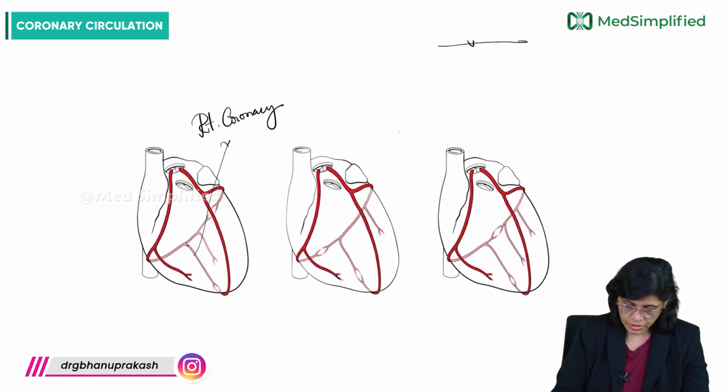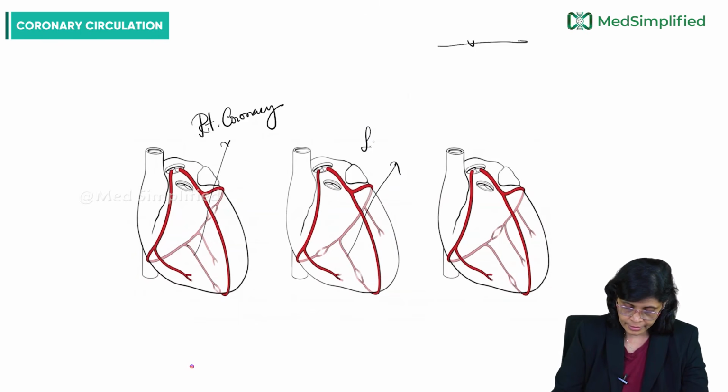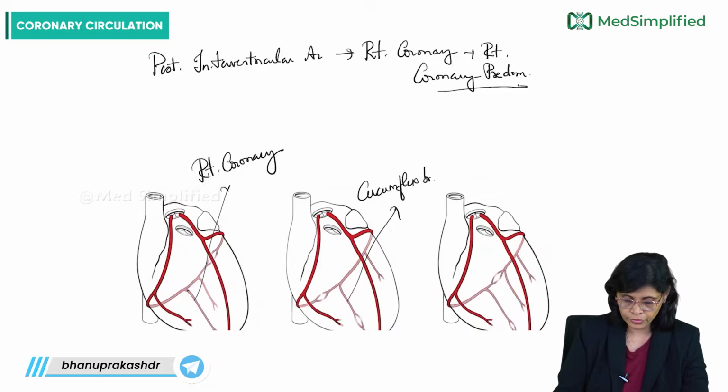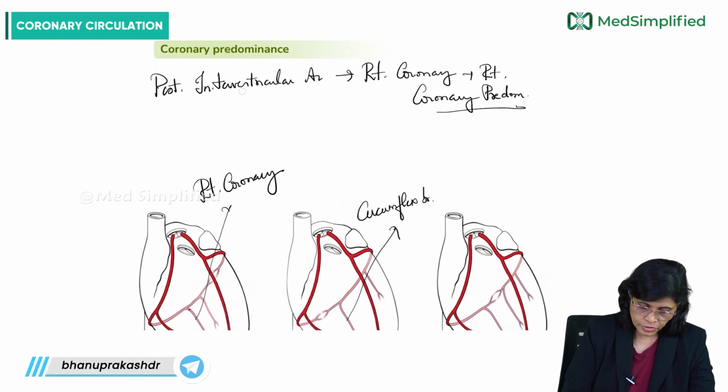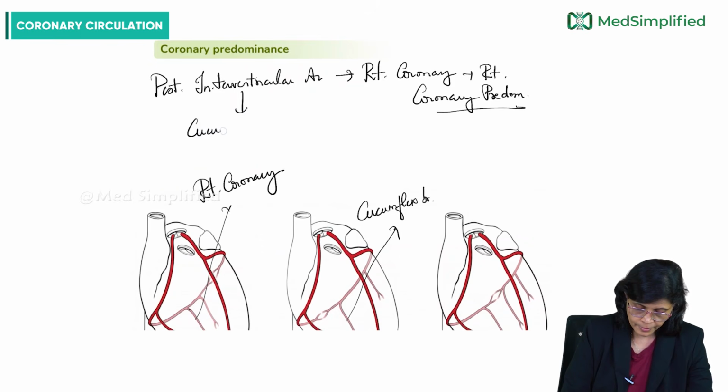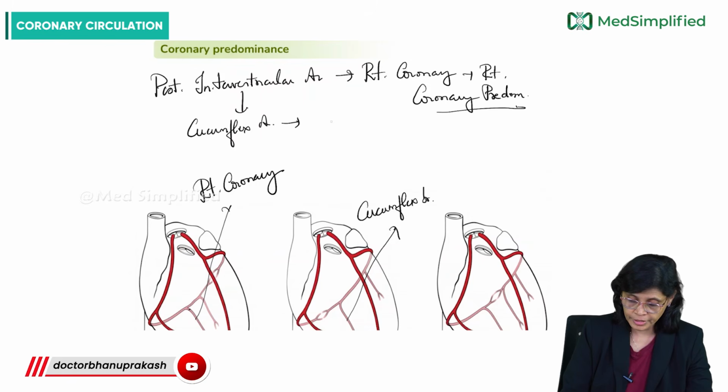And if the posterior interventricular artery is coming from the circumflex, which is a branch of the left coronary artery, we call it left coronary predominance.